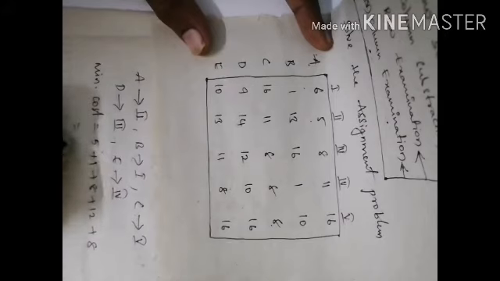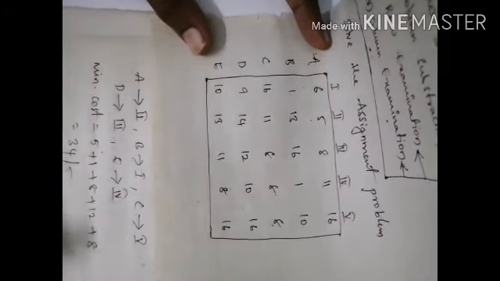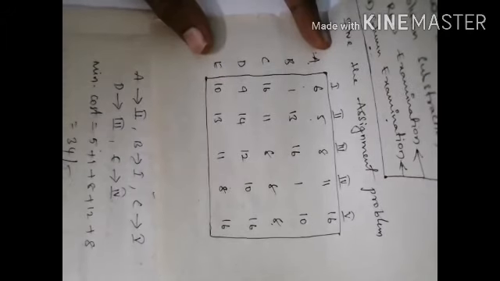So the total cost is 34 rupees. So this is the procedure for finding the assignment problem, whenever the row and column examination will exhaust.